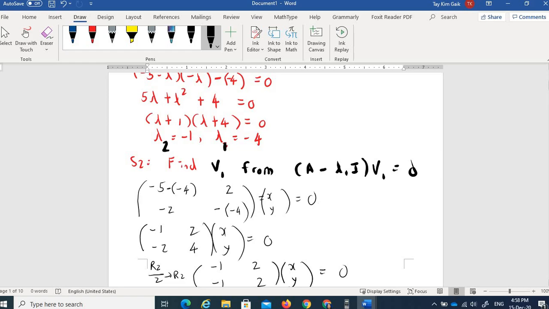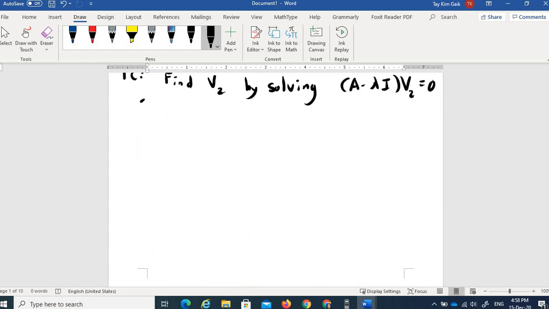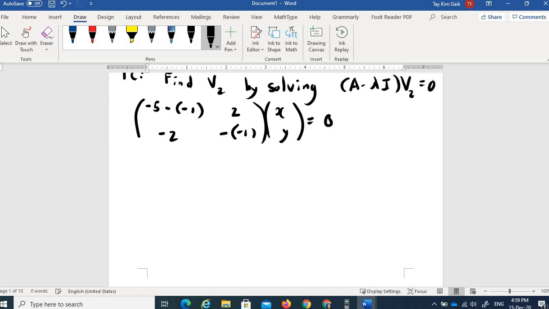So negative 5 minus negative 1, and this is 2, this is negative 2, this is minus lambda, so negative 1, then xy equal to 0. Simplify it: negative 5 plus 1, we have negative 4, so this is negative 2, 2, and negative and negative, so this is 1.